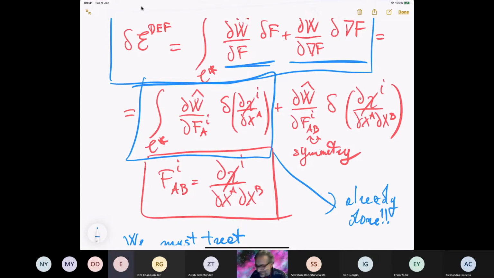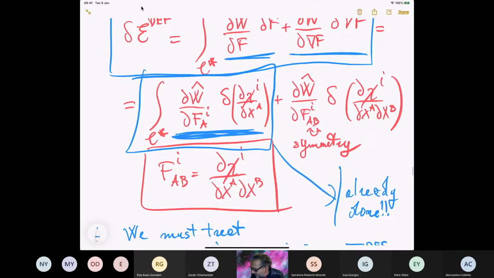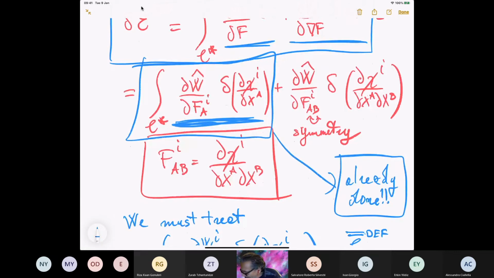You are serious. Okay. So let us calculate this first variation and let us write it with contravariant and covariant components. Now, this first addend is already done. We did it already. So I will not repeat the calculations. We will gather the results at the end of the process. Okay, so we have this second addend.